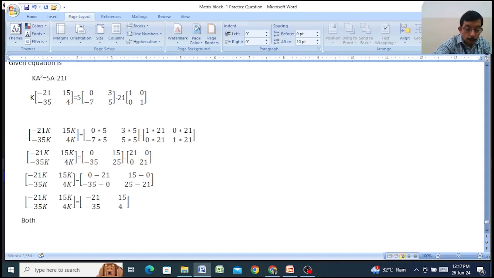Both the matrices are equal, then minus 21 k equal to minus 21.